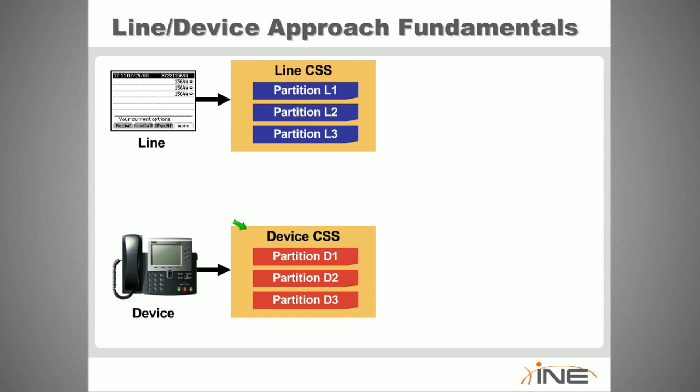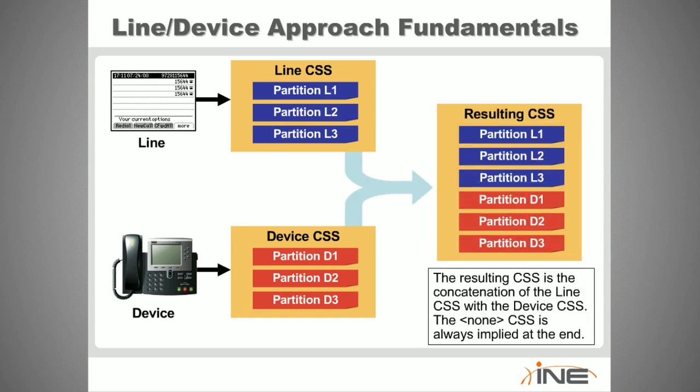Remember, only one line I can go off hook on, so the line I went off hook on and the device calling search space, anytime I go off hook, if they are both configured, are concatenated into a resulting new calling search space where the order of the partitions in that new calling search space are line first, device second.